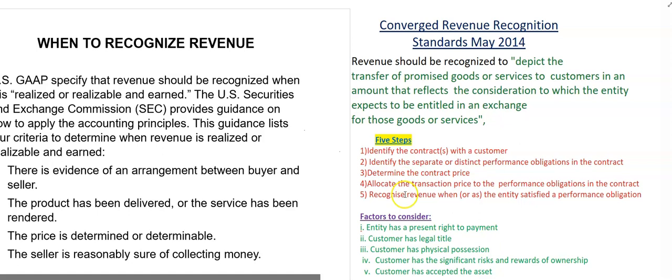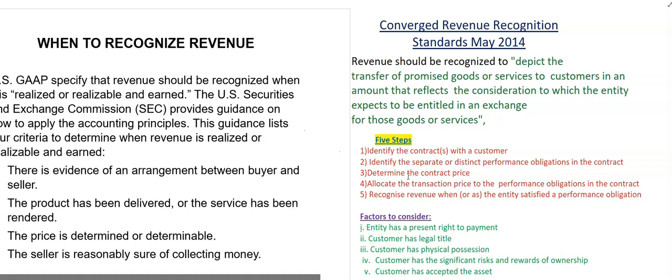Then the standards also describe the factors to consider while assessing that the revenue should be recognized, as the conditions to revenue recognition have been met, which focuses on satisfying the performance obligation by transferring the control to the customer. And how would we assess these? So there are 5 factors that have been identified to assess whether the customer has obtained control of the asset at any point. The first one is that the entity has a present right to payment from the customer.